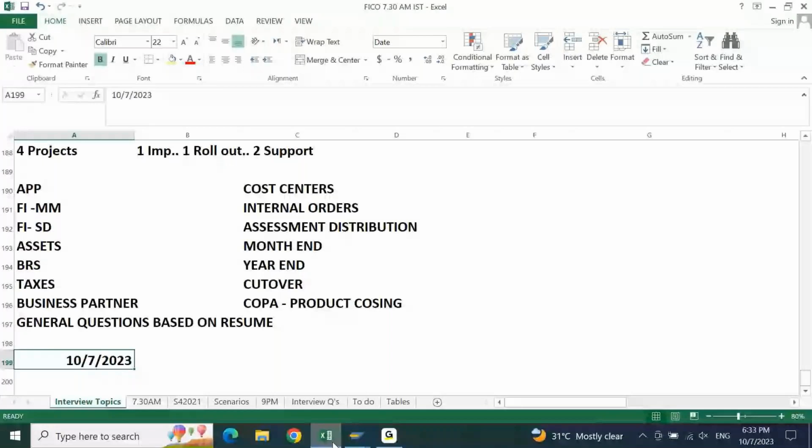Okay. For all these conditions, they will be maintaining all the tax conditions in V/02. There is a T code, right? Anybody remember the T code? V/?